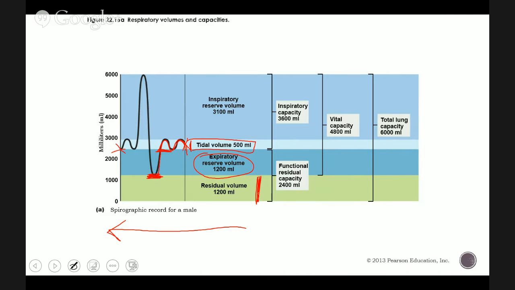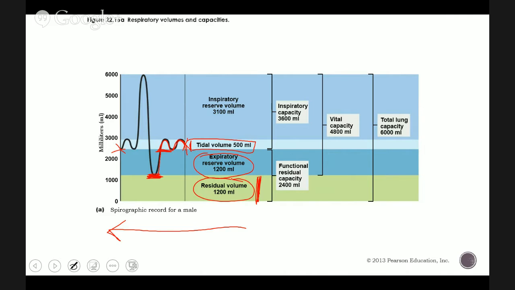Person is not breathing, and then what you do is you apply pressure to the lungs. You can even tap into some of this residual volume, technically. So the takeaway here is that no matter how much air you try pushing out of your lungs, there's still an additional 1.2 liters left in your lungs that you don't have access to normally.